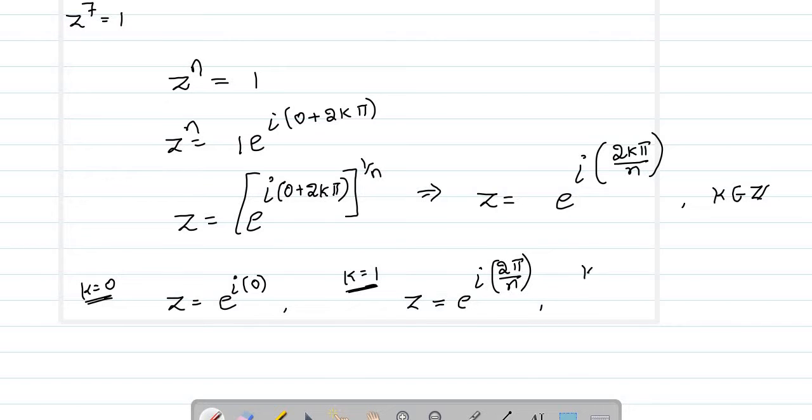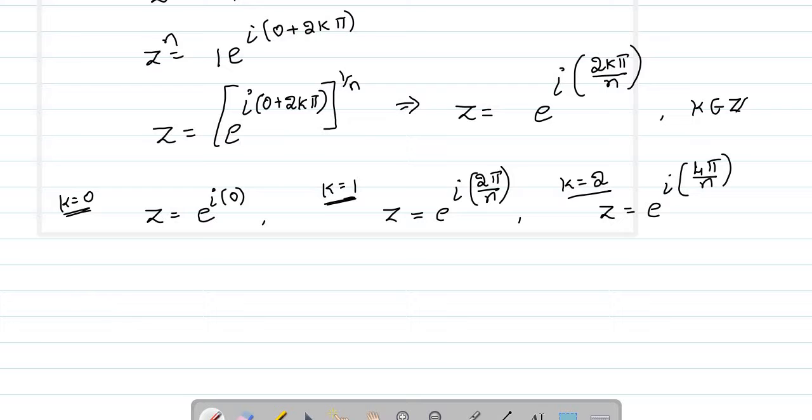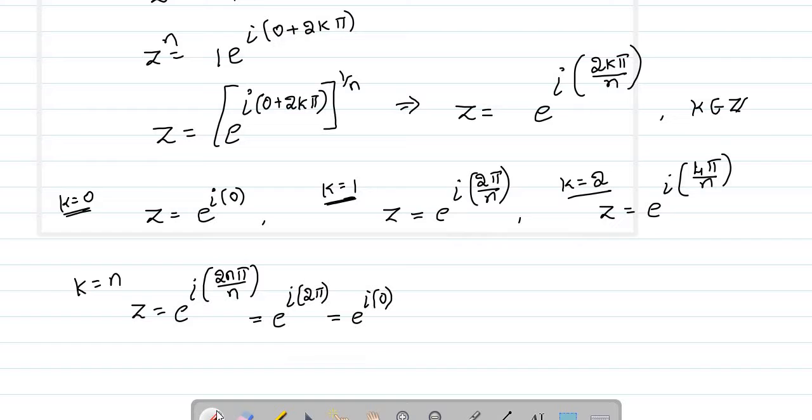The next one, when k equal to 2, z equal to e power i 4 pi by n, and so on. So when k is equal to n, you get z equal to e power i 2n pi by n. And if you observe, it is the same as e power i 2 pi. And do you believe that it is the same as e power i times 0? Both are the same.